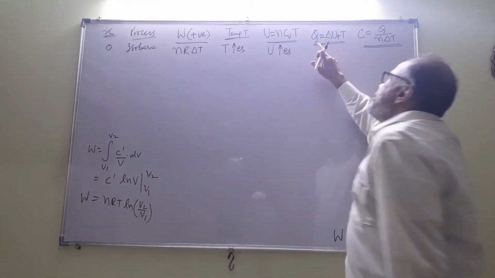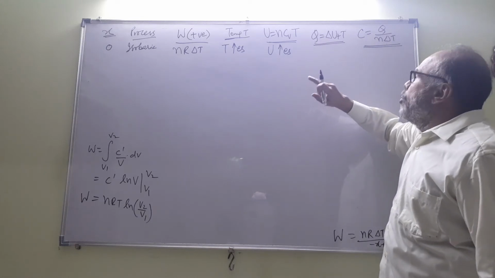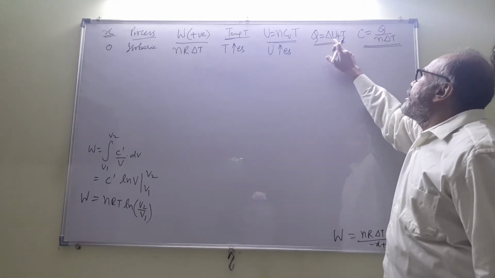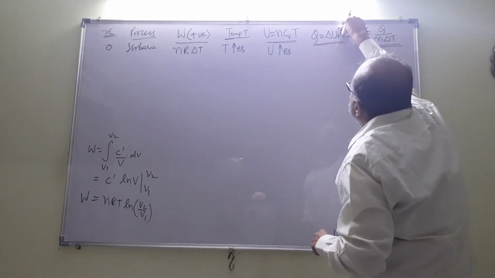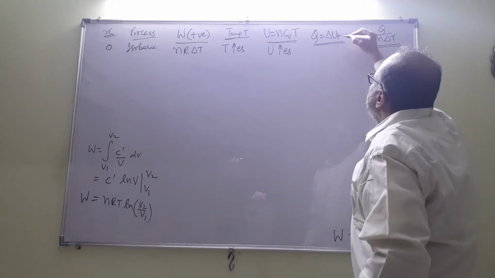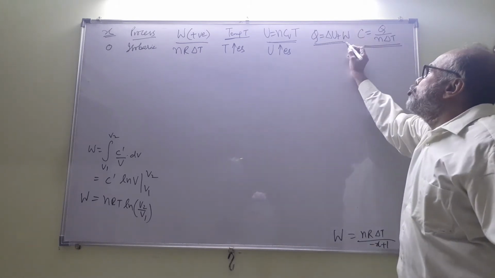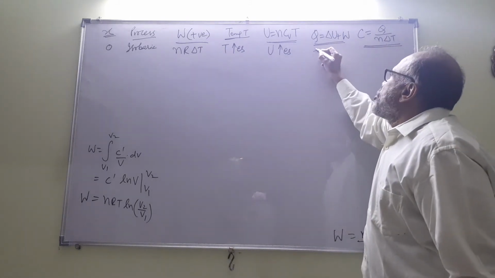Now what about the heat? What will be the sign of the heat? We would like to know. Well, there is an increase in internal energy, so delta U is positive. First law, Q is equal to delta U plus W. W is also, we are assuming it to be positive. So Q is positive.